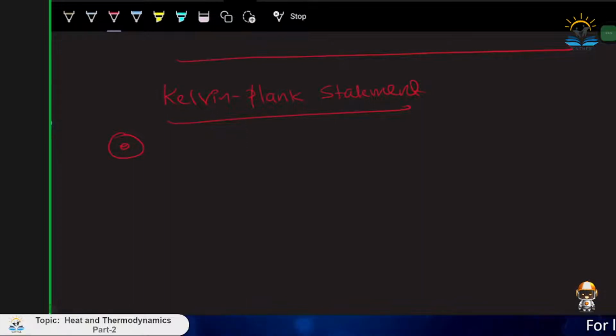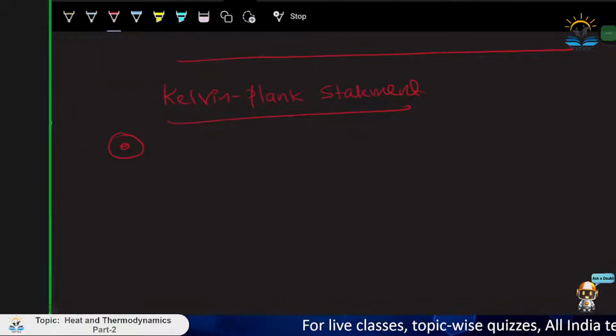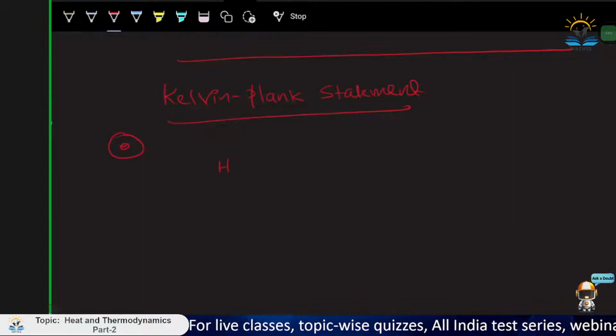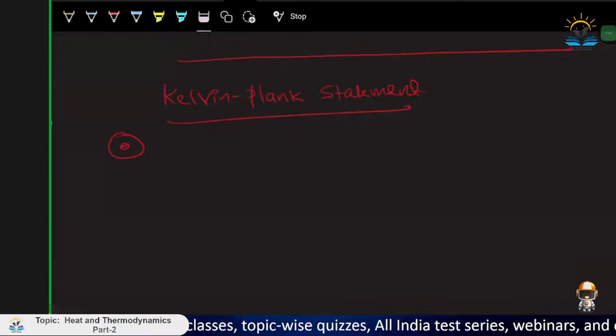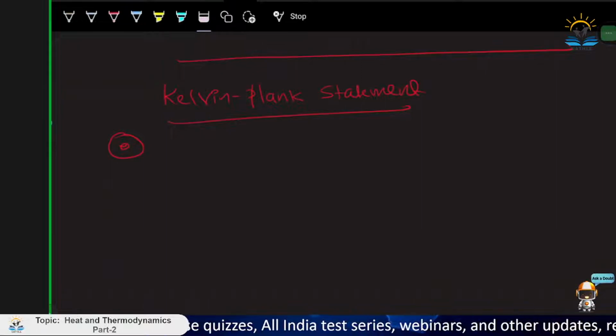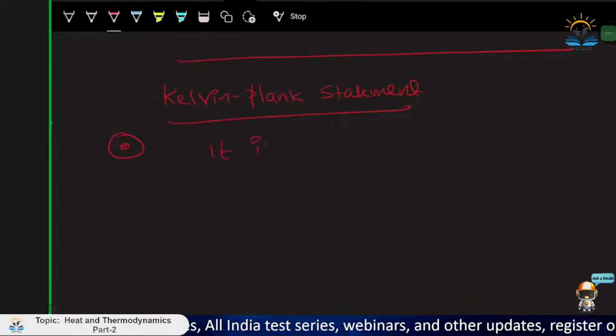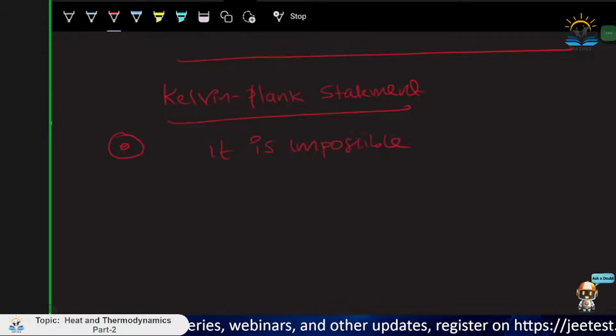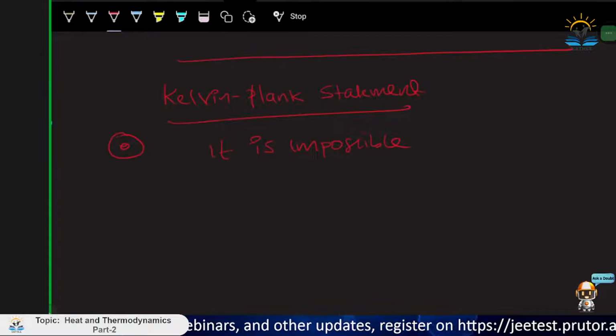That means it is impossible to completely convert the heat from a hot reservoir to work. As per the Kelvin-Planck statement, it is impossible to convert the complete heat we are providing into work done.